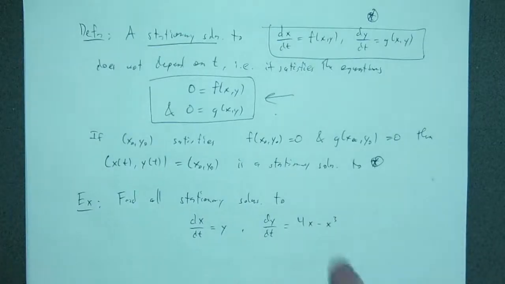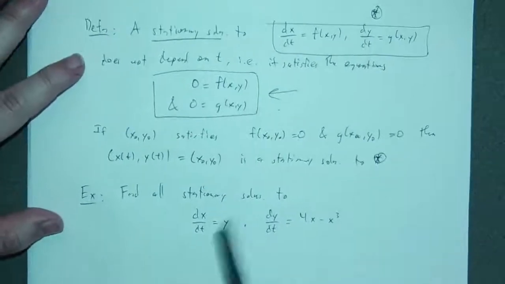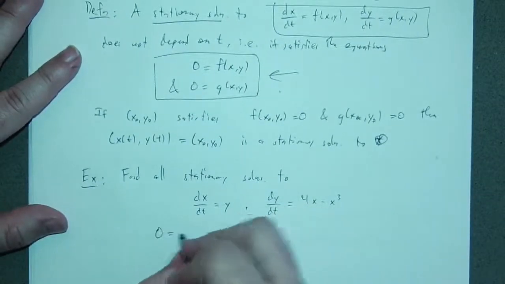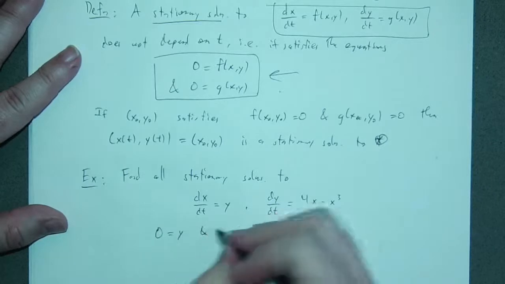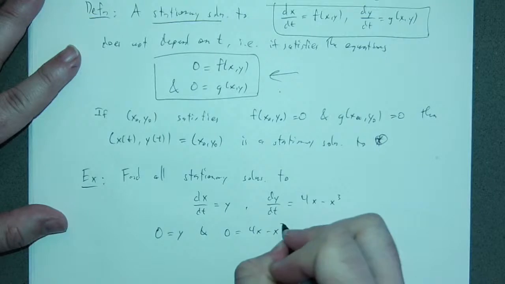Okay. Well, I've already shown here that, by definition, a stationary solution has to satisfy this algebraic equation, so it has to satisfy the algebraic equation 0 equals y and 0 is equal to 4x minus x cubed.